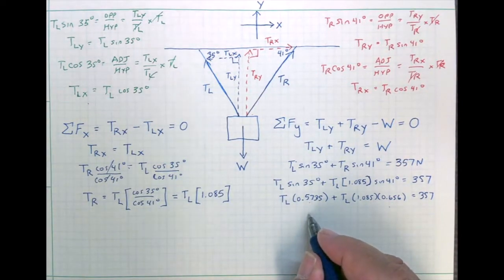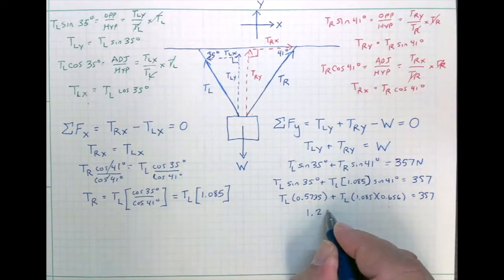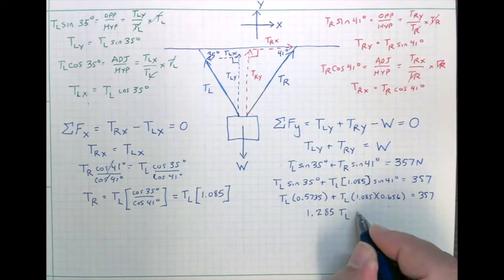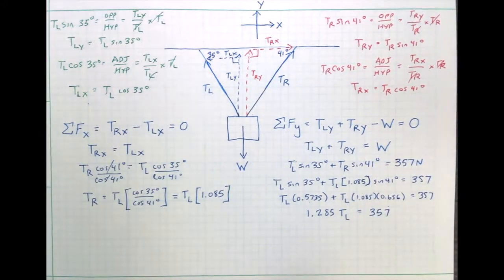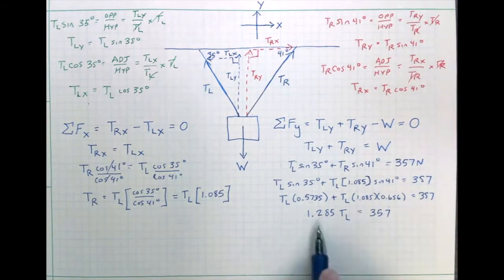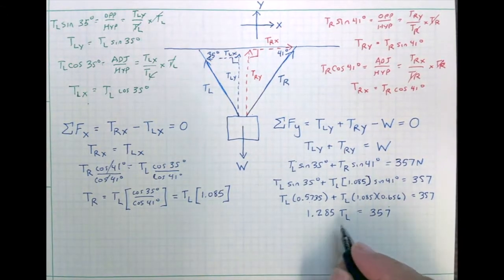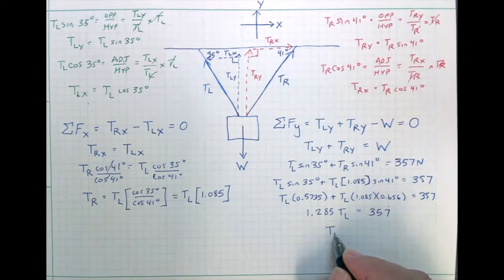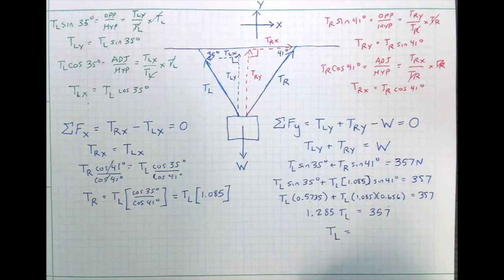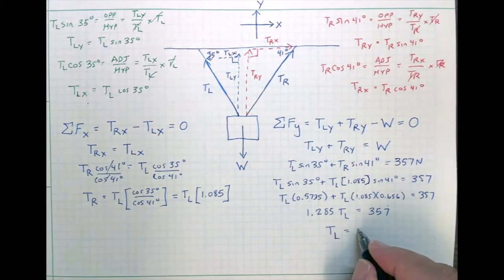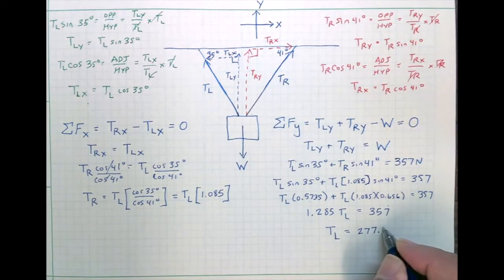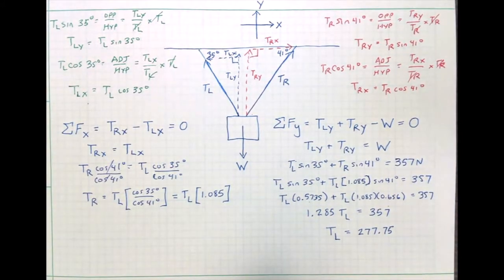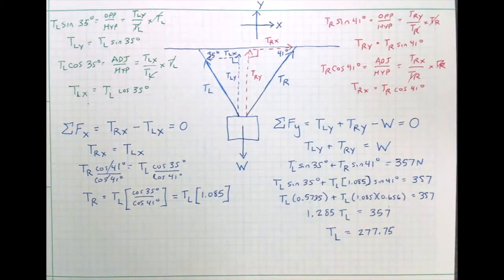And that gives us the result that 1.285 times TL equals 357. Because this added to this times this is 1.285. Dividing both sides by 1.285 isolates TL and gives us the value for TL, 277.75. We would report this as 278 newtons because the problem has three significant figures.